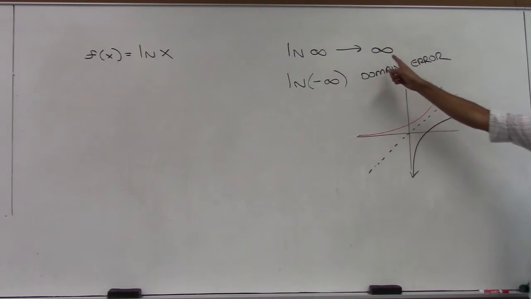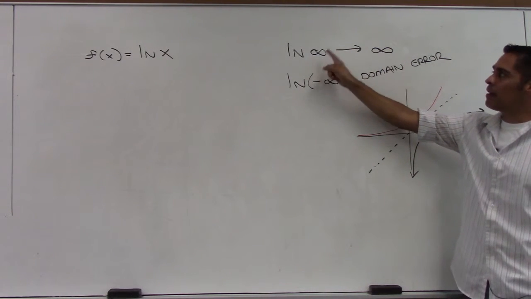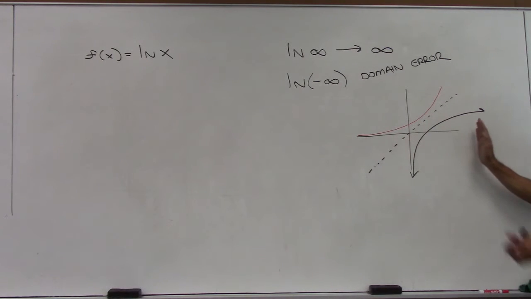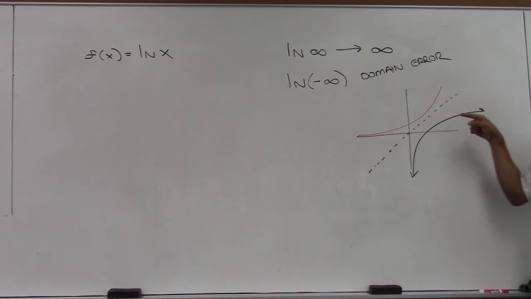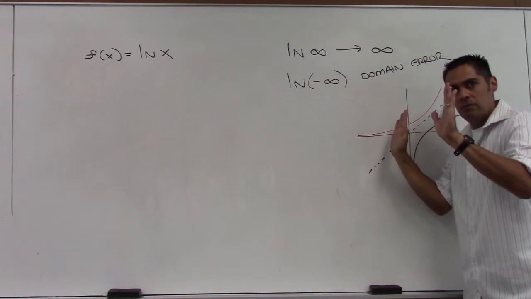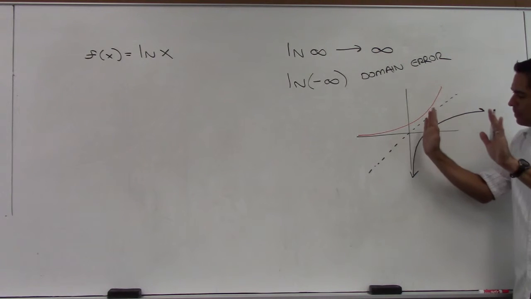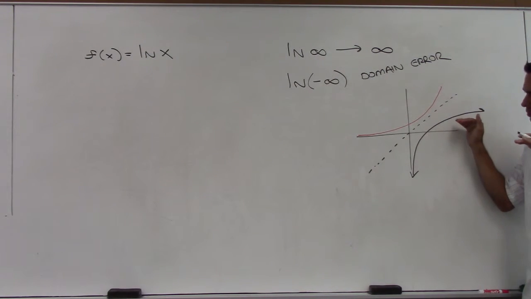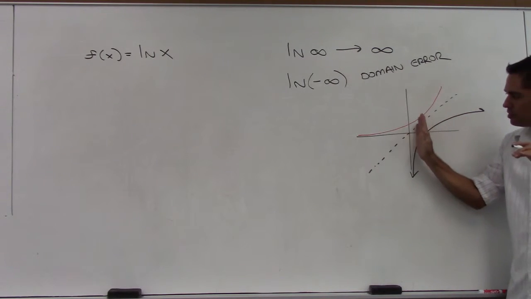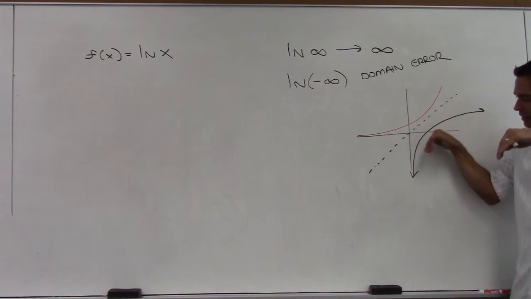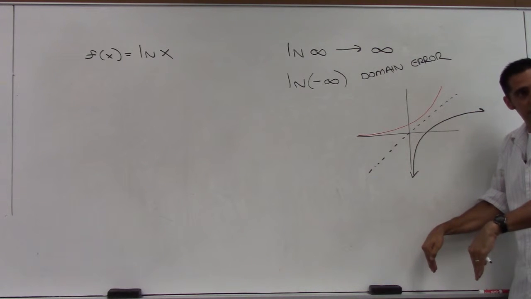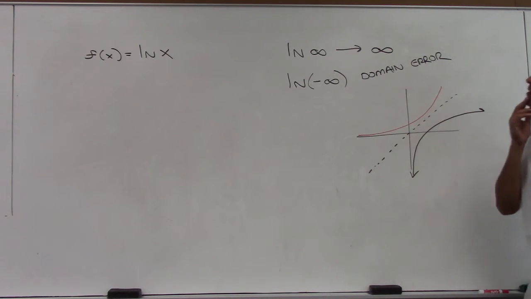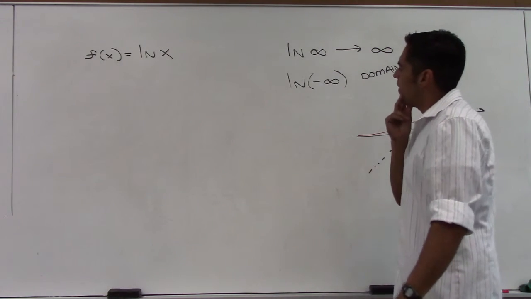So I know that if I plug a number that gets bigger and bigger and bigger into natural log, the function will get bigger and bigger and bigger. It looks like if I try and move to the left, I can't move past 0. But what seems to be happening as I actually get closer to 0? Like, what's my graph doing as I move closer to 0? It's diving down to where? Negative infinity. So how could I say that? I could say something like this.